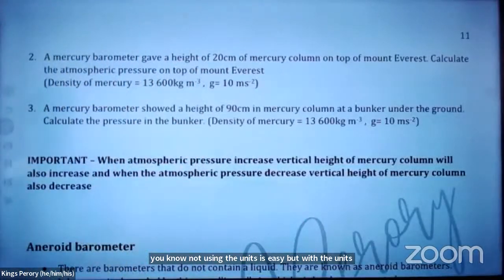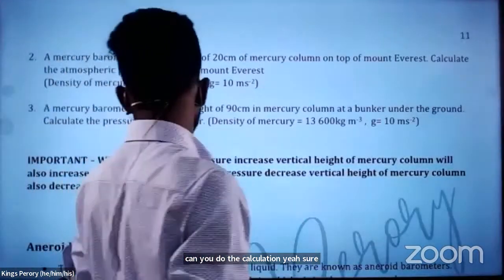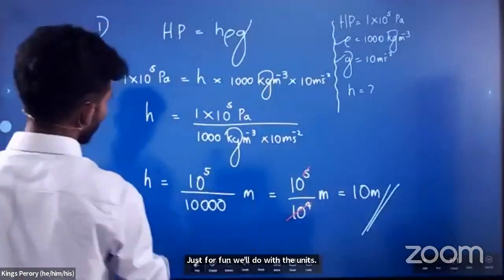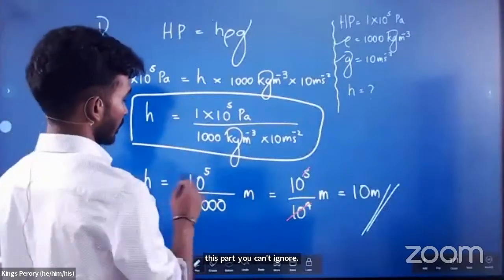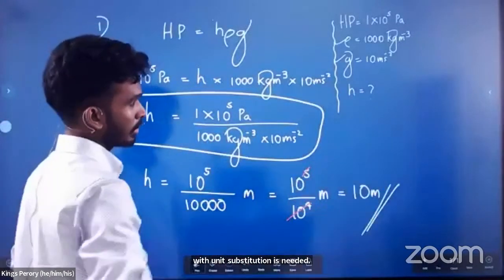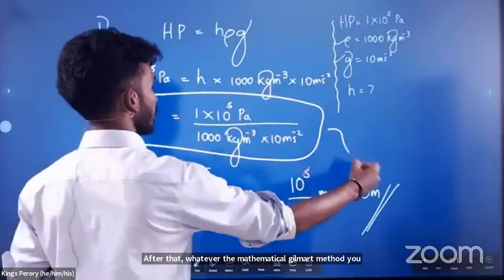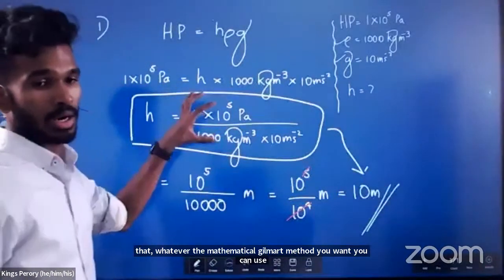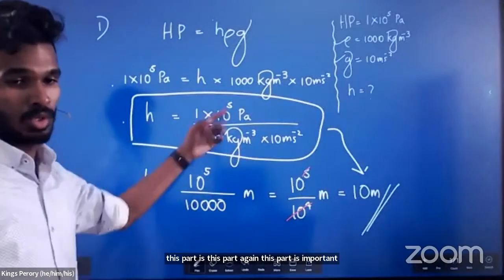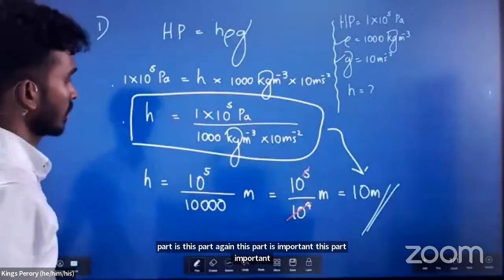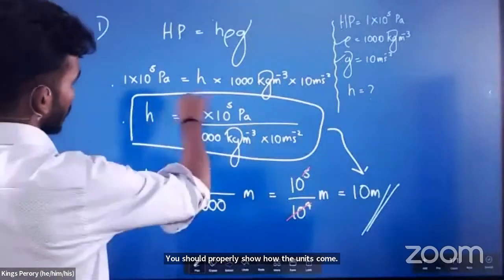Just for fun, we'll do it with the units. With the units, you should write the units here and you can't ignore this part. Unit substitution is needed. After that, whatever mathematical method you want, you can use. In the final answer, it should come. This part is important. You should properly show how the units come. We'll play a little bit with the units.